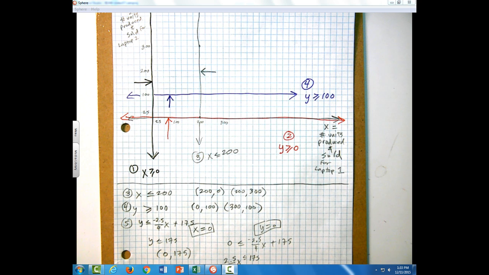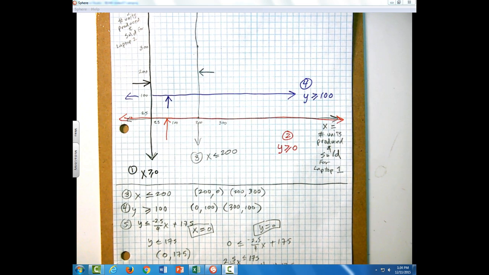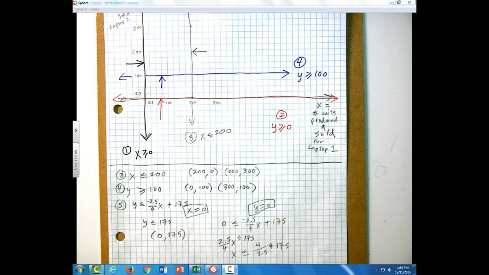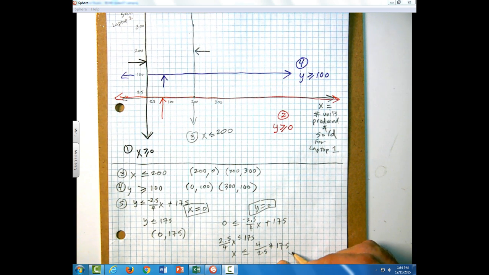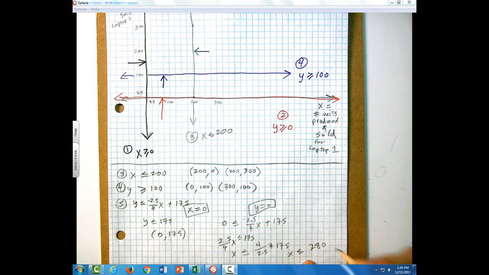I want to take the inverse of this and multiply it by both sides. So I get x less than or equal to 4 divided by 2.5 times 175. And that would give me x less than or equal to, I could have done equal signs throughout this, 280. Of course, I did that in my head.